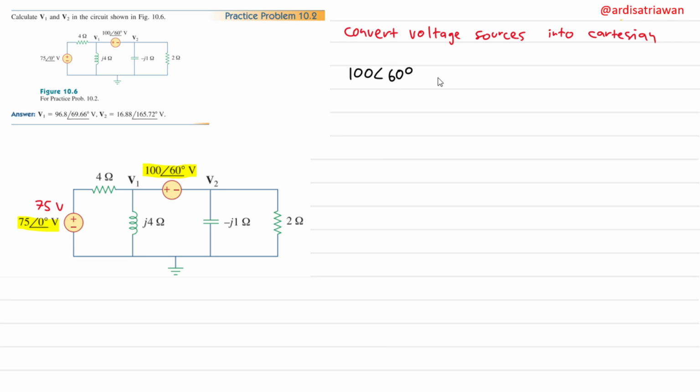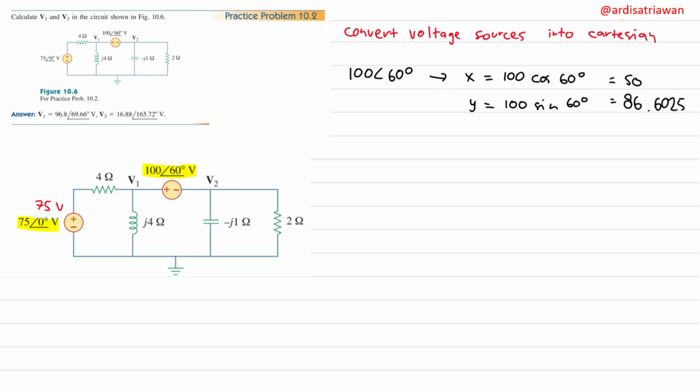If we convert this into Cartesian coordinates, we will have the x value will be 100 cosine 60 degrees, and our y value will be 100 sine of 60. And if we plug this into our calculator, we will have x as 50, and y is 86.60.